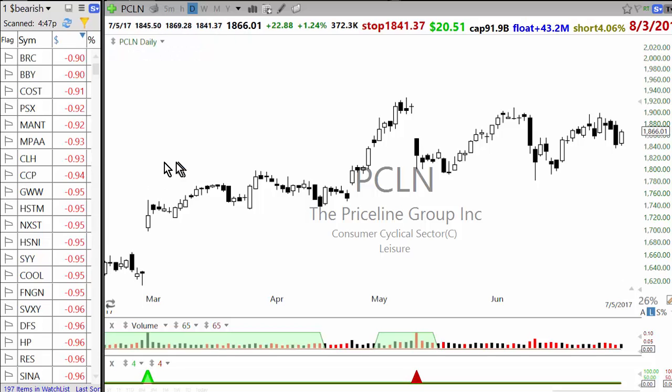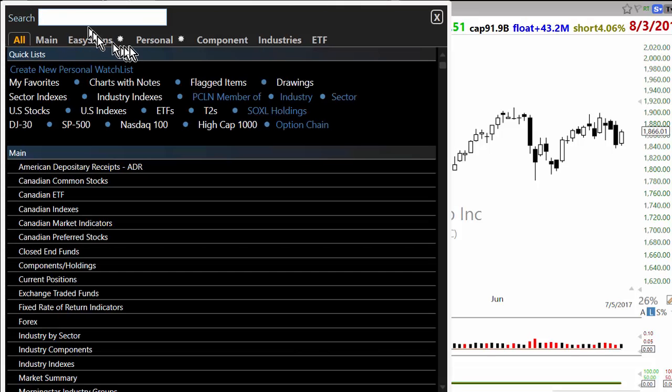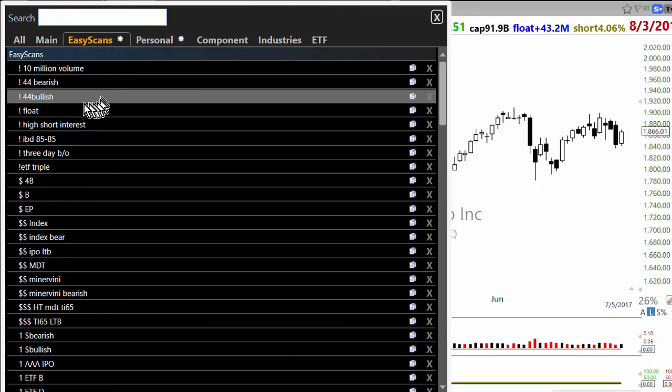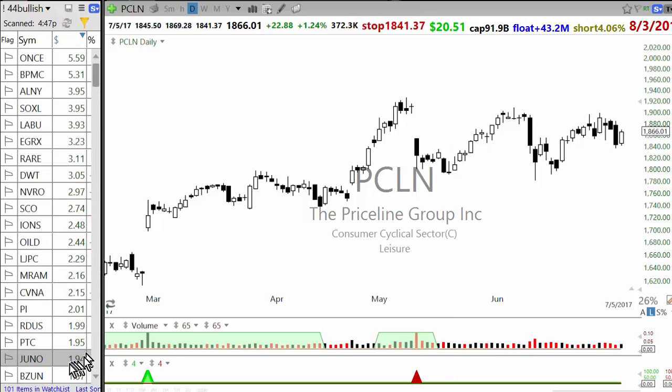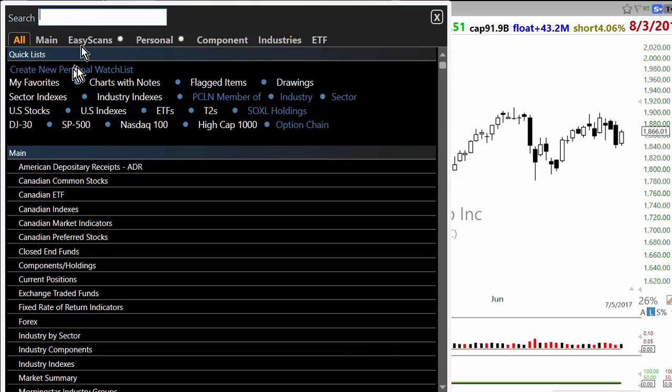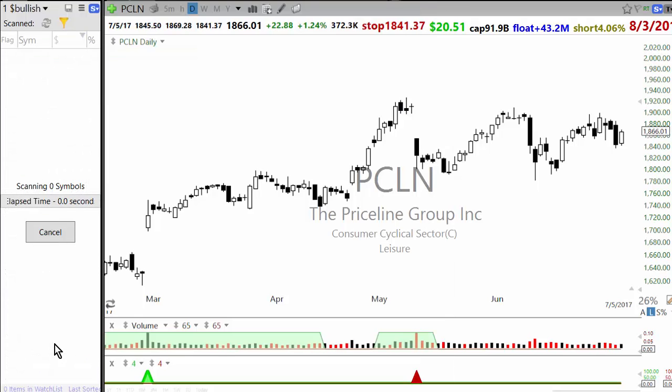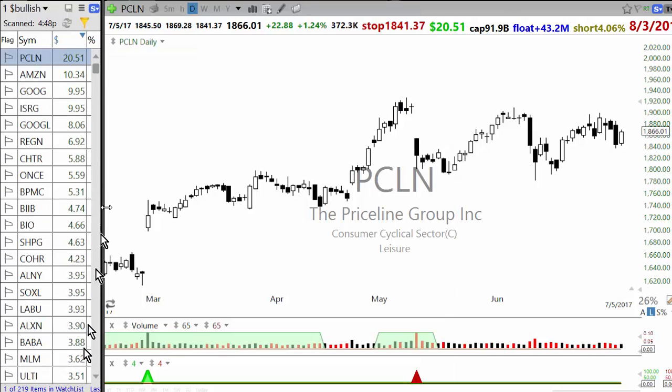Once you have all these scans set up, we'll start by looking at the bullish side of the equation first. You have 101 stocks, and on the dollar breakout side you have 219, but there will be stocks common between those two scans.